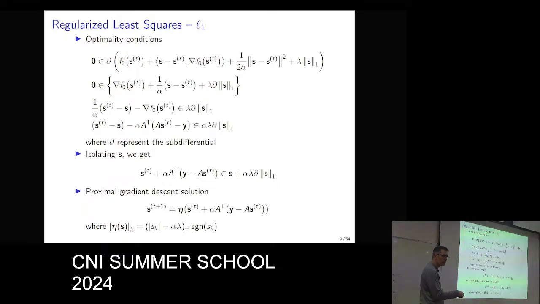of the argument. To go from here to here is essentially the same as what we've done with the easy function in one dimension. This is going to be in a higher dimension. So one way to write the shrinkage is you're going to take the sign of s_k, applied component-wise.